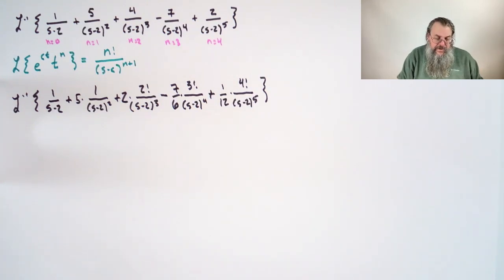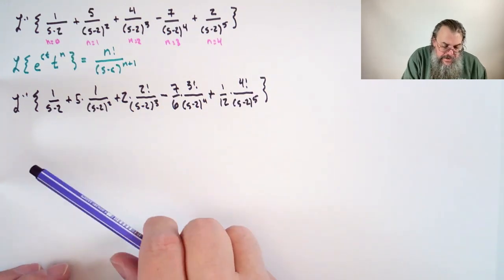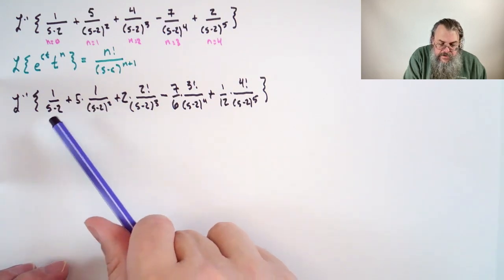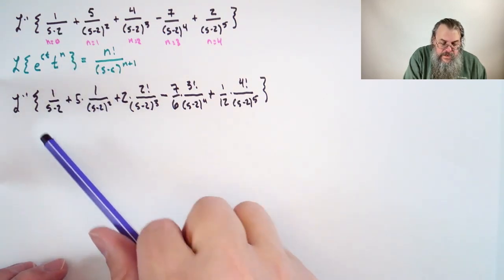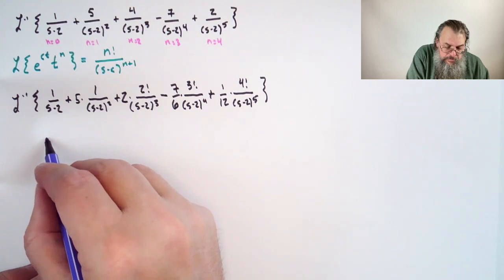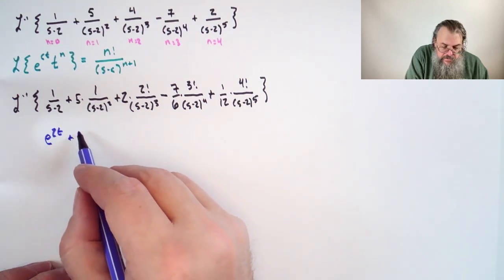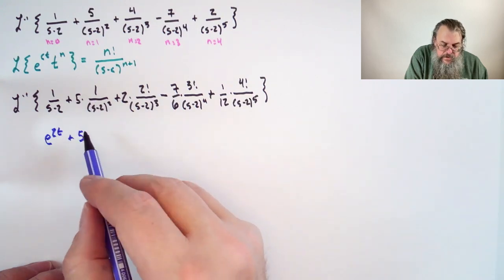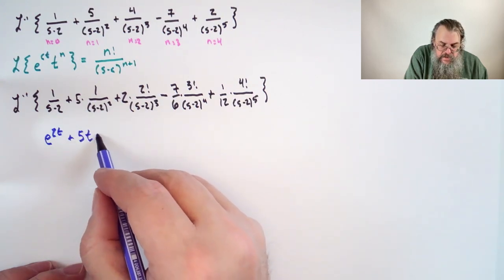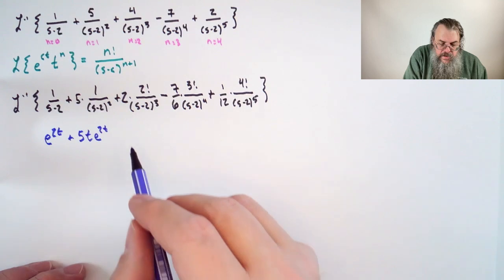Our answer. Well, here we're just going to have t to the 0 is 1, so it's really e to the 2t. Plus 5, then we'll have t e to the 2t.